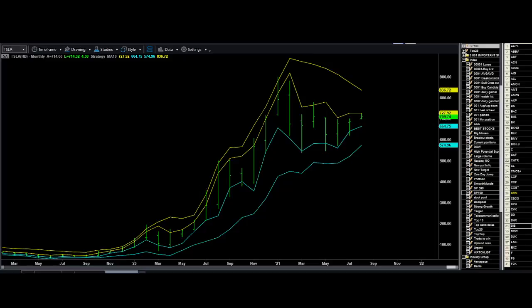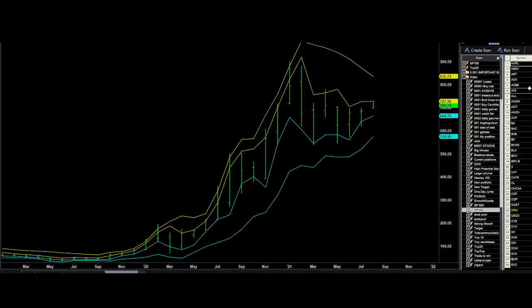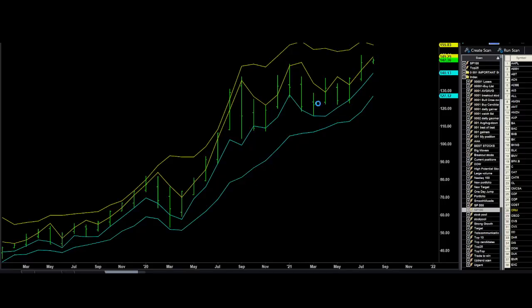For example, this is the S&P 100 stocks, and there's a list of stocks for the S&P 100. For example, AAPL Apple, this is the monthly chart of Apple, and the yellow and blue trend lines capture the fluctuation of the stock price very well.